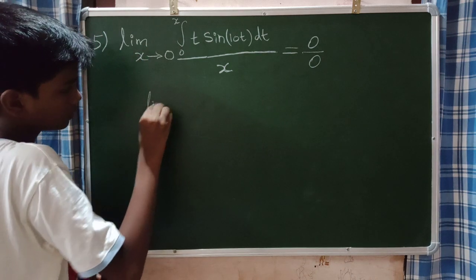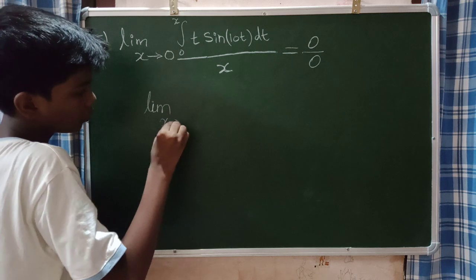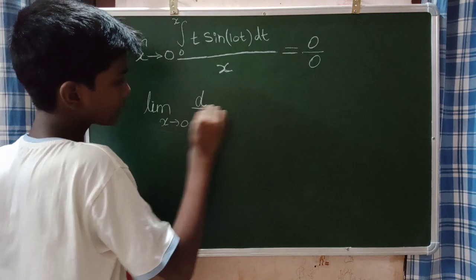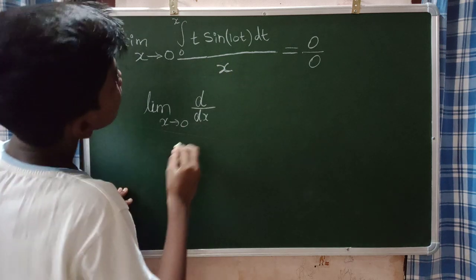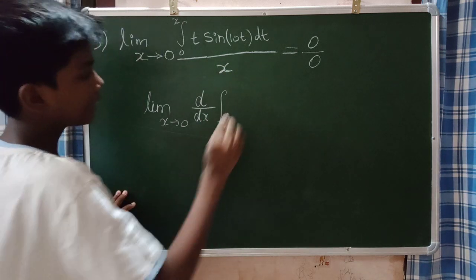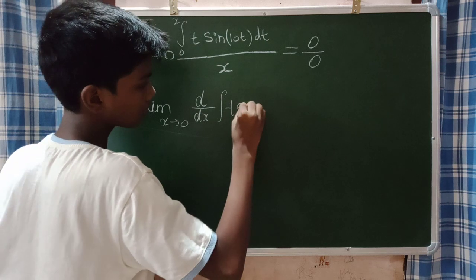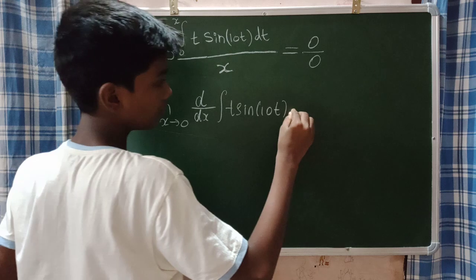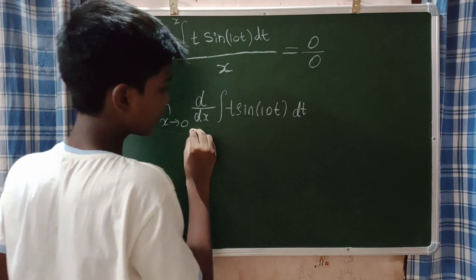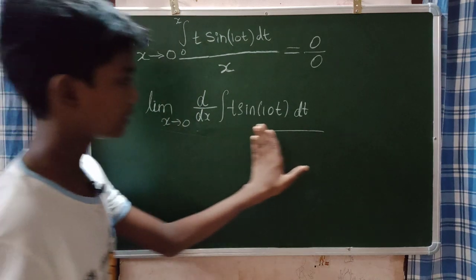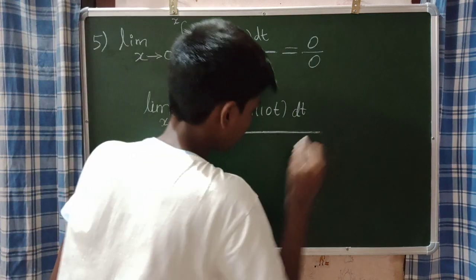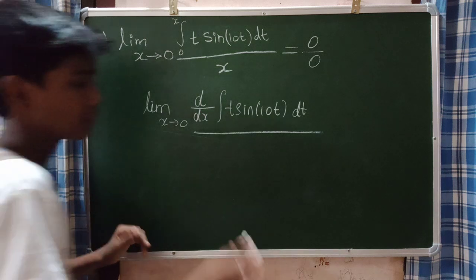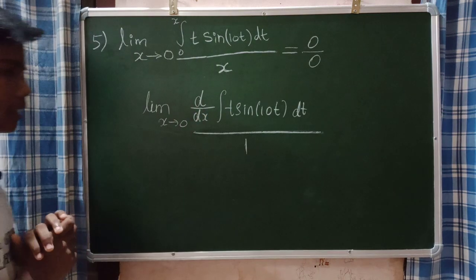So limit x tends to 0 of d by dx of integration of t sin 10t dt, divided by d by dx of x. The derivative of x is 1 only.